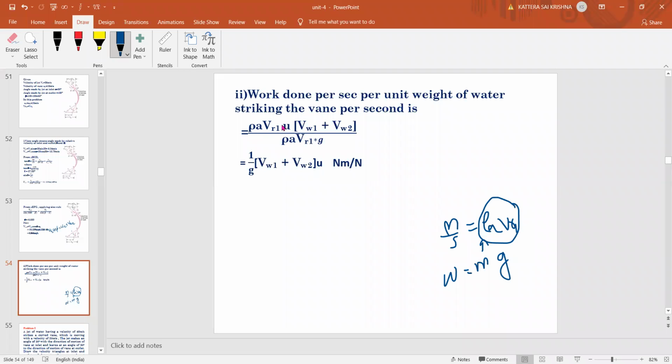So remember the unit of work done is Newton meter. Okay, Newton meter per Newton. Weight units will be Newton. Okay, so this is the unit for work done per second per unit weight of water striking the vane per second. Yes, you can substitute the values.